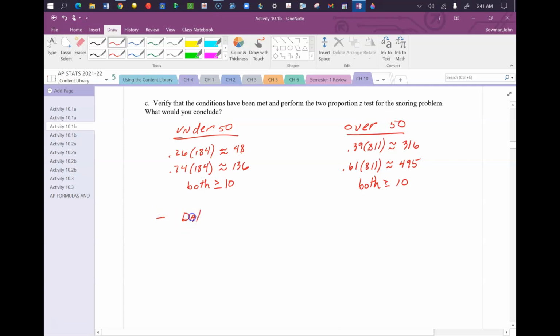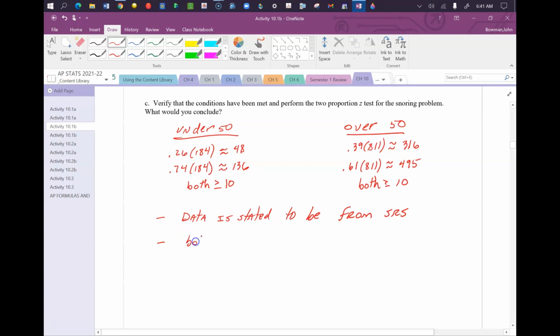The data is stated to be from a simple random sample, and because the data is from a random sample, it seems reasonable that the results of the survey are independent between the two age groups, and within them. I think it's reasonable to assume that we've met the 10% condition.